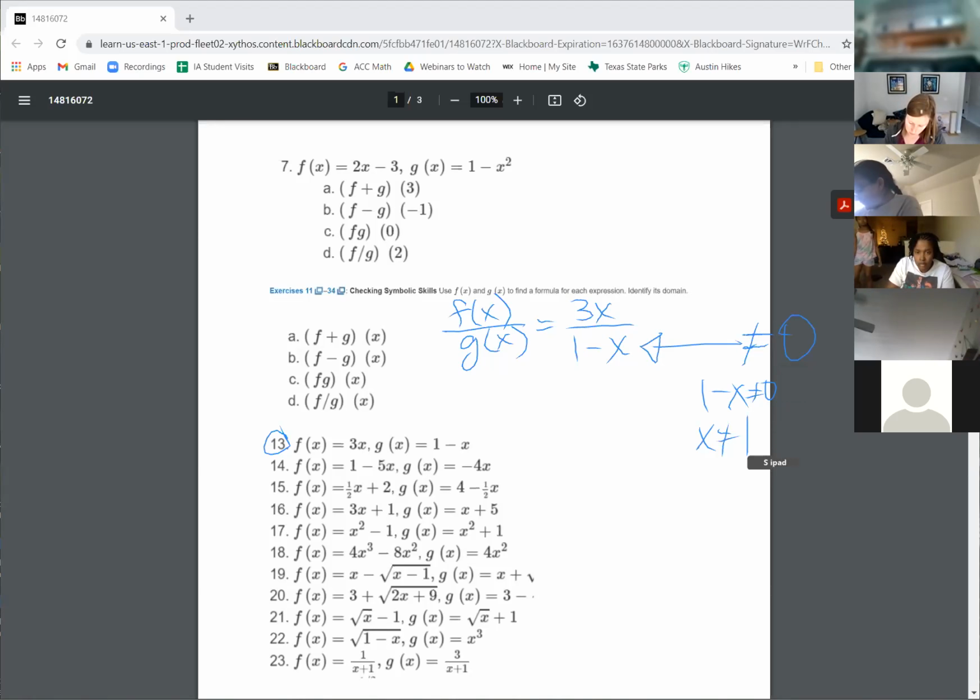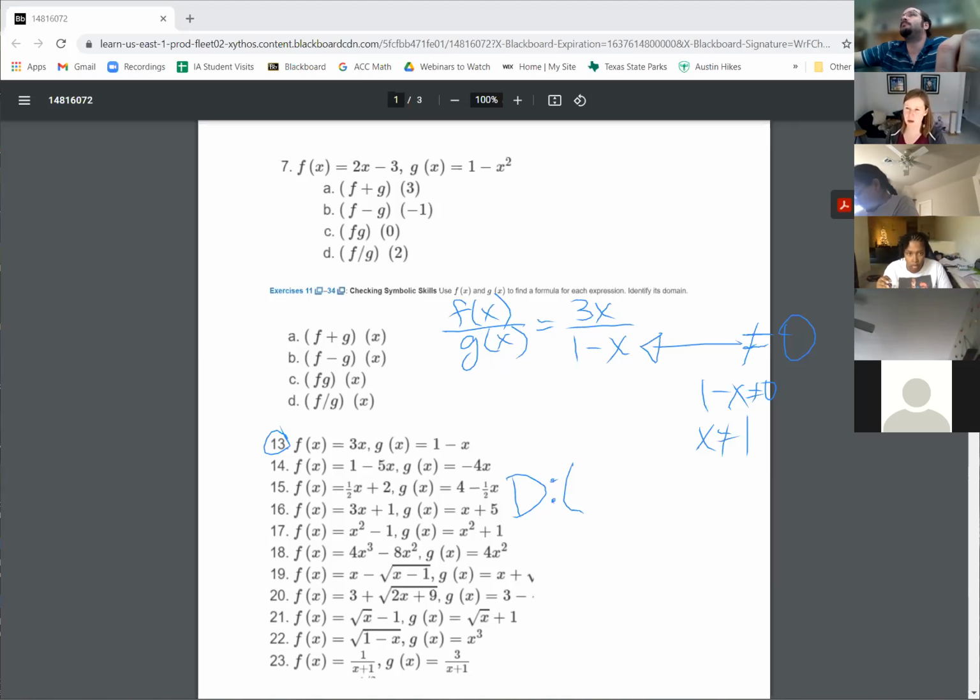Okay, so let's try to write the domain. It can be everything but 1. So how would we write it? Would it just basically be what you wrote, the x equals 1 and the line through it? We have to write it in notation.